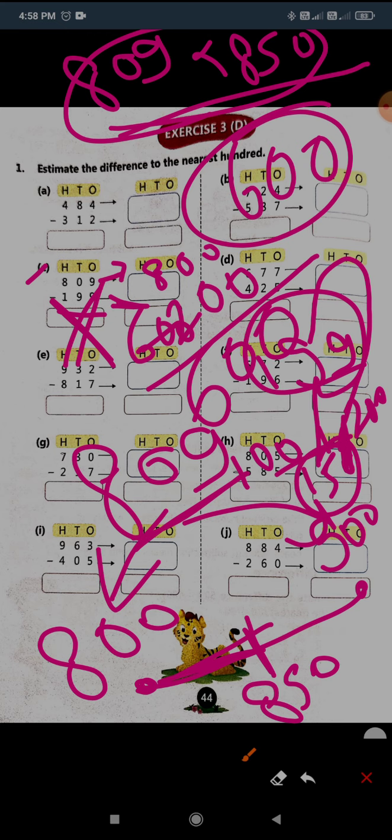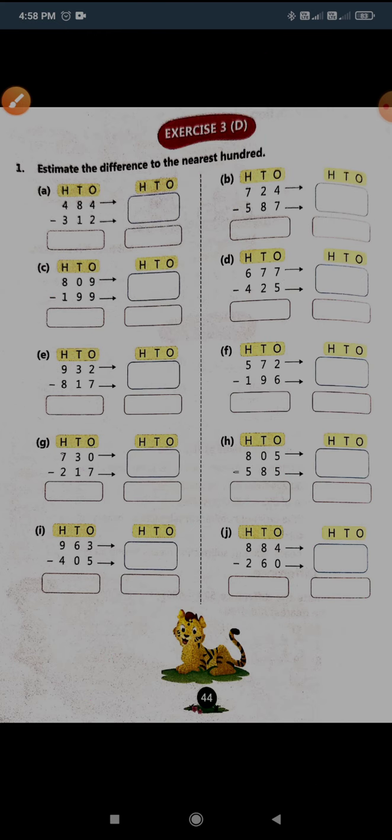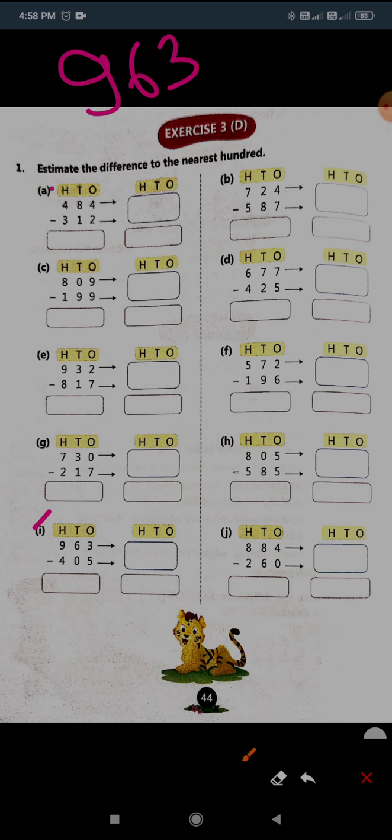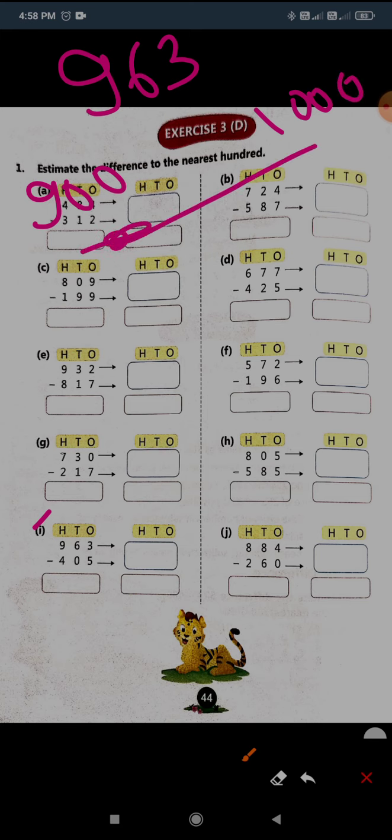One more question I'm going to explain here, so see again. Question number I. So here you can see 963, because 963 will be between 900 and 1000. So the mid number of 900 and 1000 is equal to 950.